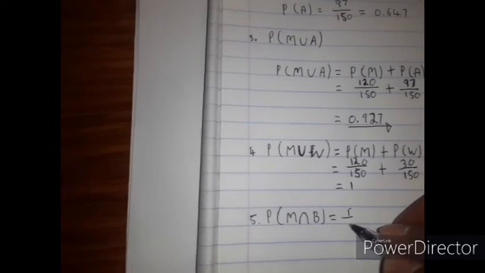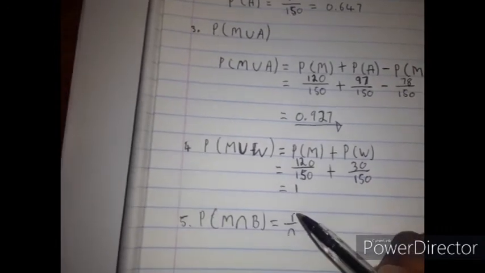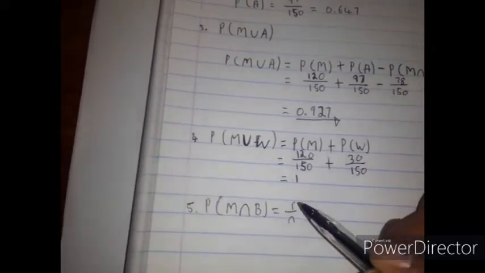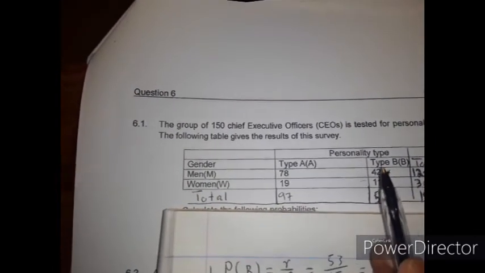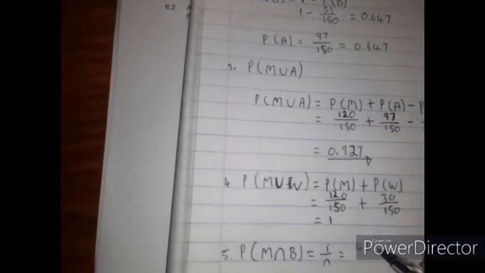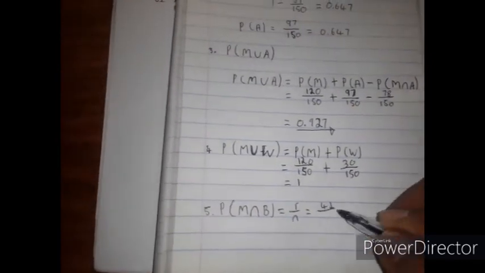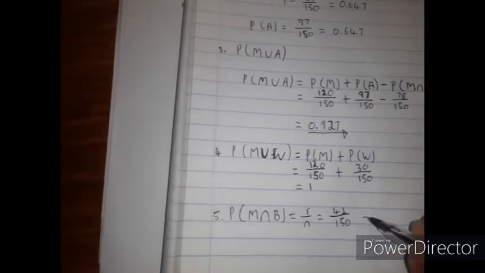You use this formula R over N. This R is different now because you take the intersection of the events. Type B and men, they intersect by 42. 42 over 150.